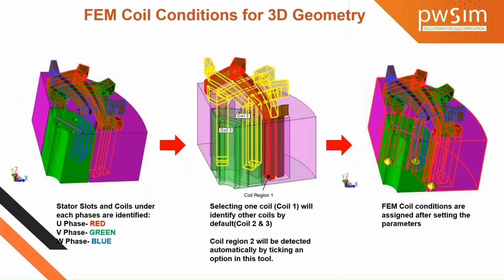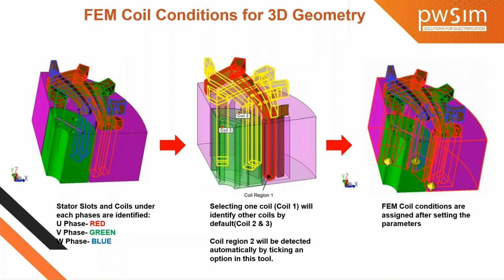Coming back to the slide again, we have gone through 3 simple steps. The first one is just to identify the coils which come under the U phase, V phase and W phase, and you can assign the colors also. In the second step, you can select only one coil, that is coil 1, and it will automatically identify other coils by default.